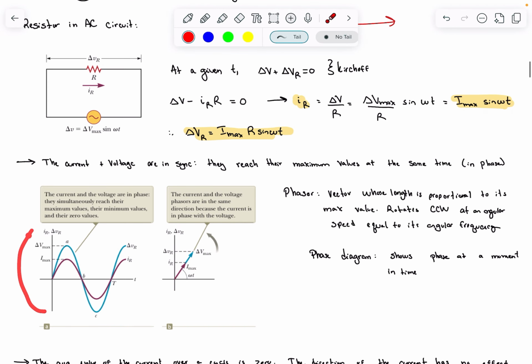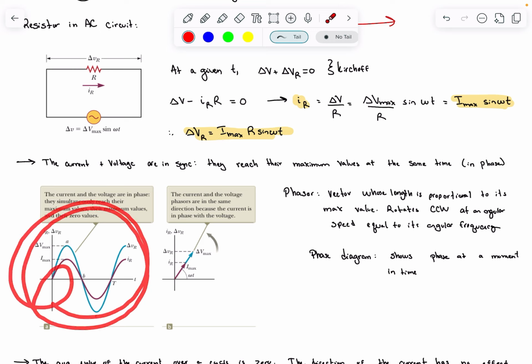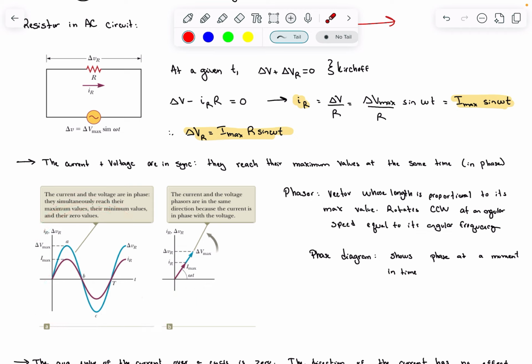If we look at a plot like this, it becomes a little bit more obvious, where here in purple this is our current and in blue this is our potential. So when it's at its max, the current is also at its max. Another way of looking at this type of plot is through a phase diagram, where these are phasors, and a phasor is just a vector whose length is proportional to its maximum value.